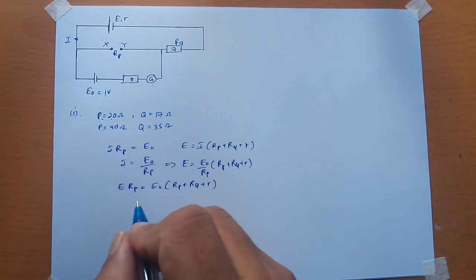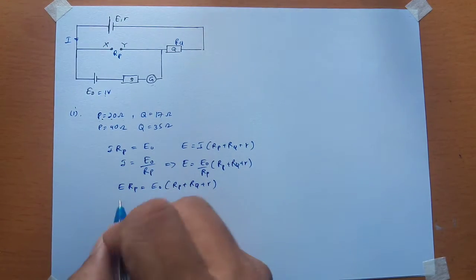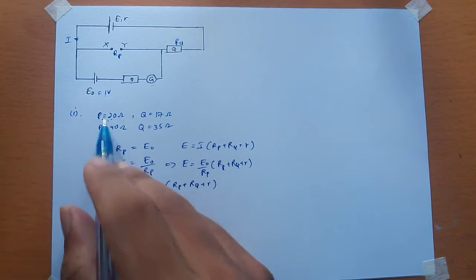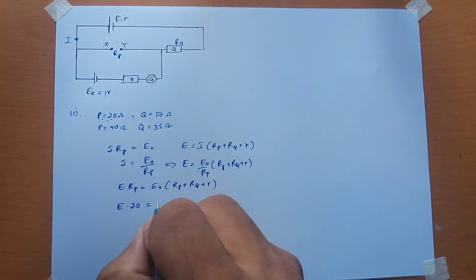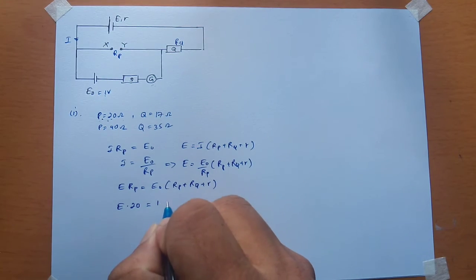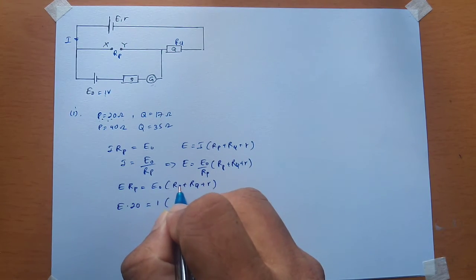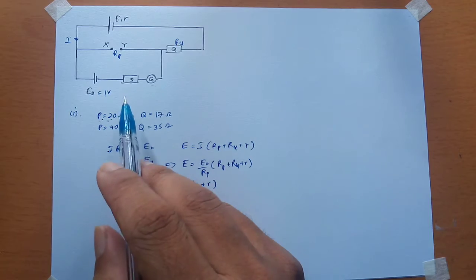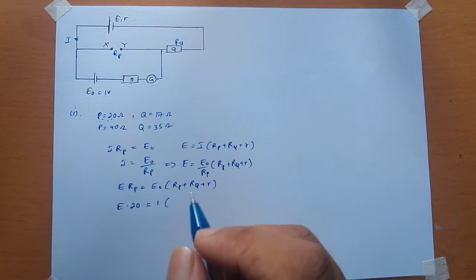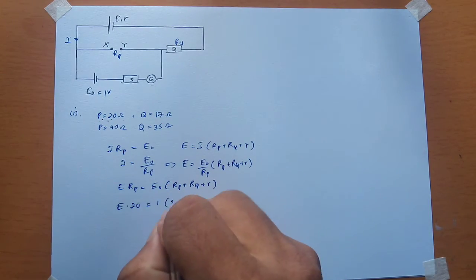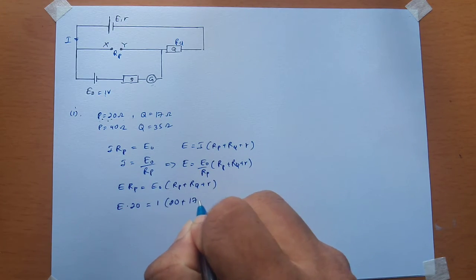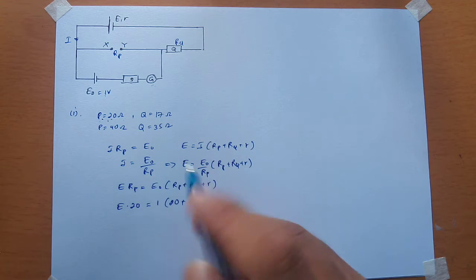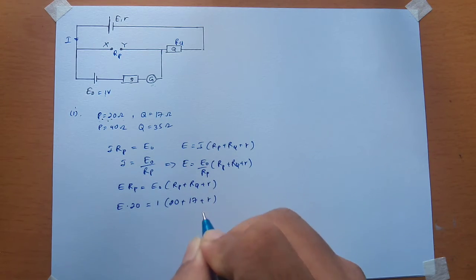E into RP, which is 20, equals E0, which is 1, into RP, which is again 20, plus RQ, which is 17, plus r.